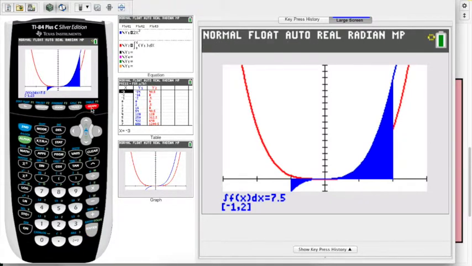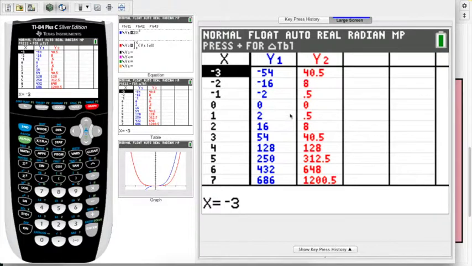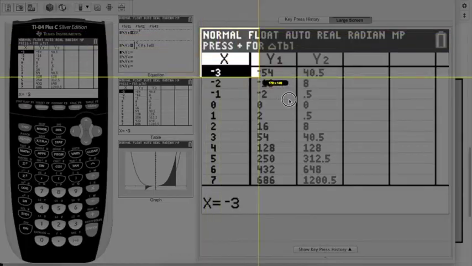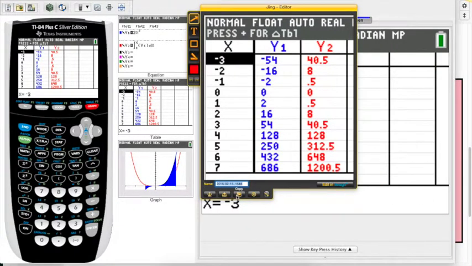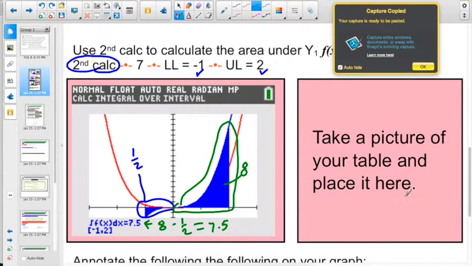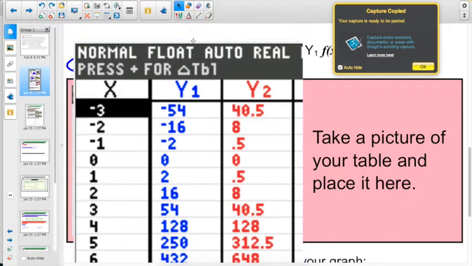we can see in this table that y1 is the derivative, y2 is the antiderivative. So we can literally see the values of our antiderivative right in this table. So let me just grab the table here, and we'll put it right in here.